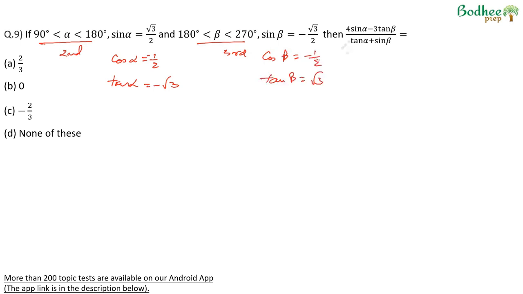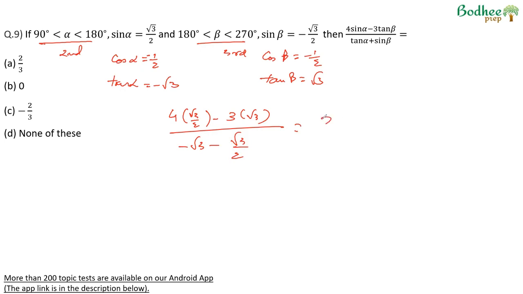Tan is sine upon cos. Putting values, 4 sine alpha is 4 into root 3 by 2, minus 3 tan beta, minus 3 root 3, upon tan alpha, minus root 3, minus root 3 sine beta, minus root 3 by 2.